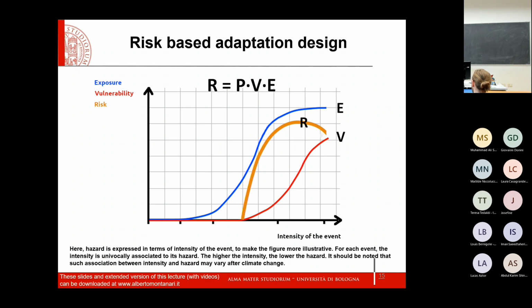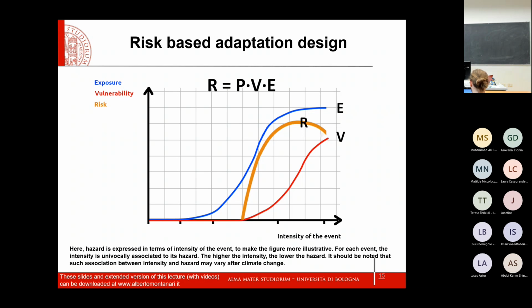So in some cases, you may want to focus on the final part of this curve, even if the corresponding risk is low. But it's low because there is a low probability. But in case the event happens, the damage is massive, is huge.